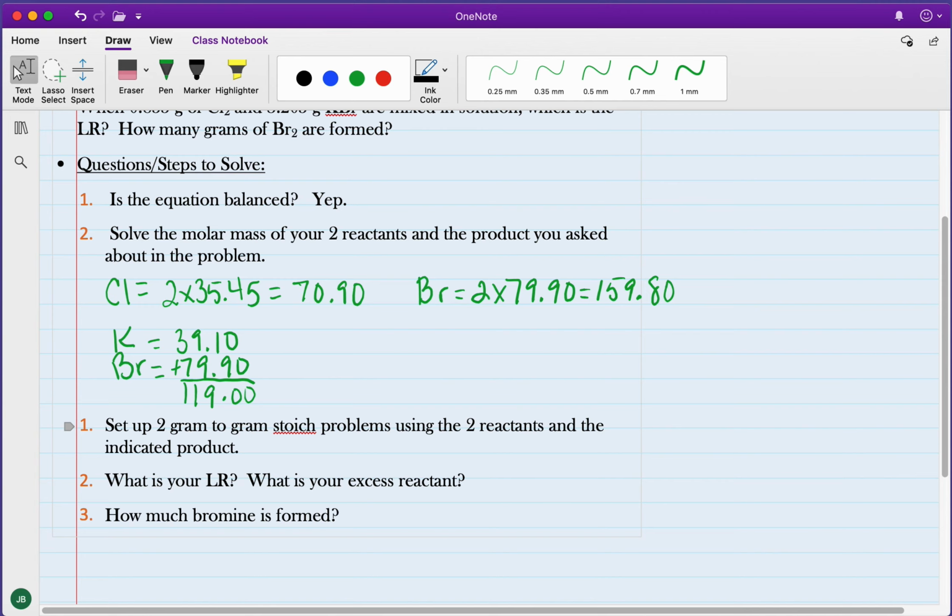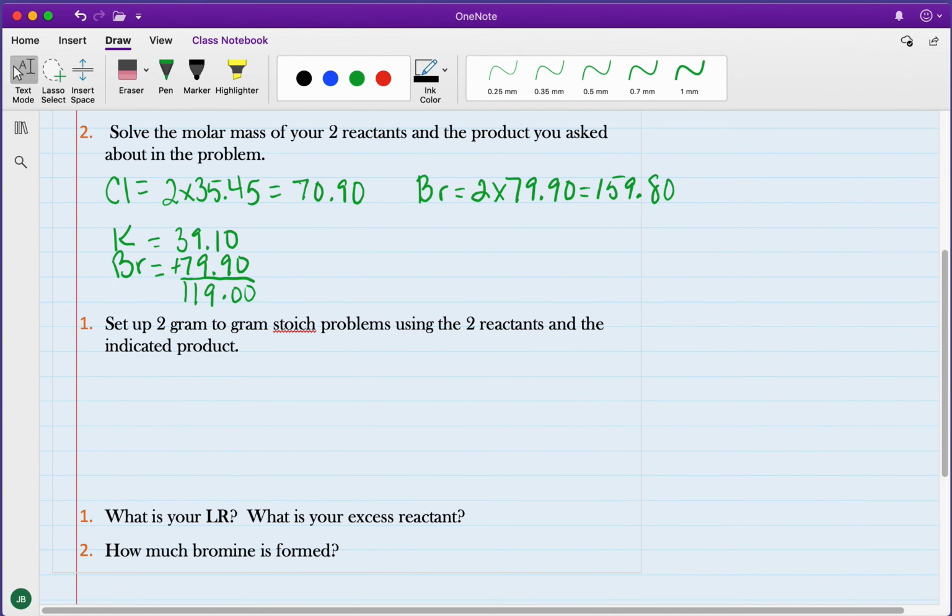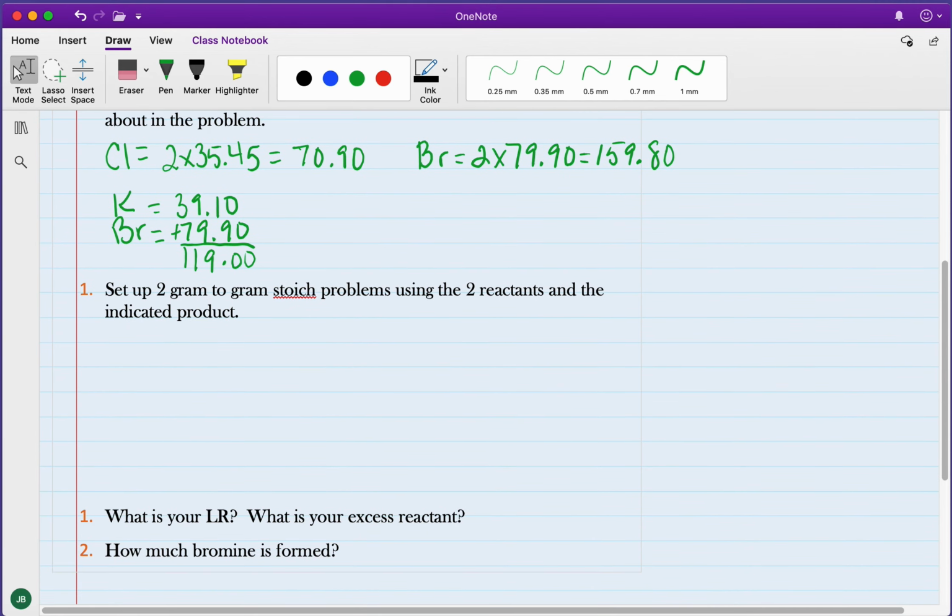So let's go ahead and write down some of the information that's been given to us. So we have our knowns, and we're going to have a decent amount of knowns when we're doing these limiting reactant problems.